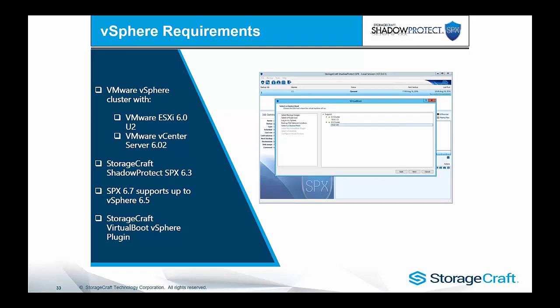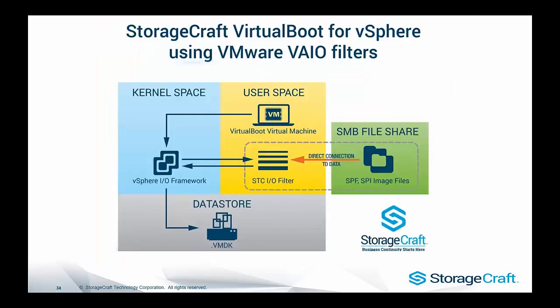But yeah, leveraging vCenter again, 6.0 update 2 or newer up to vSphere 6.5 will facilitate a virtual boot off any ShadowProtect image. And as part of that process, as with Hyper-V and VirtualBox, we'll inject the appropriate drivers to ensure a rapid recovery regardless of where that backup was created. Now with vSphere, we've got this pattern STC IO filter that talks directly to the ShadowProtect images.